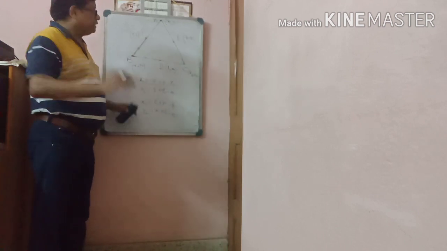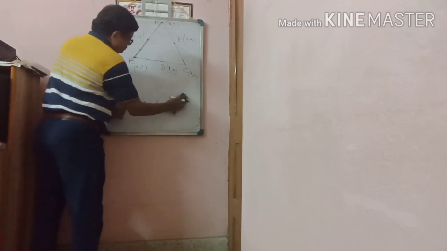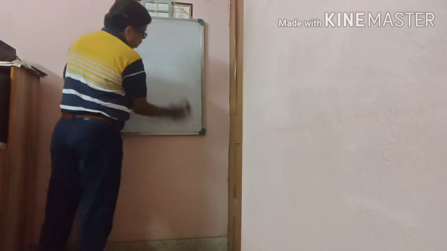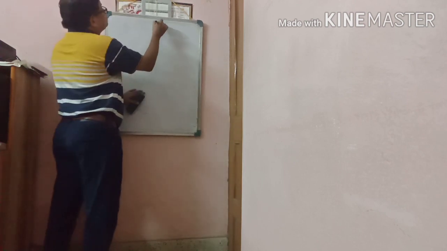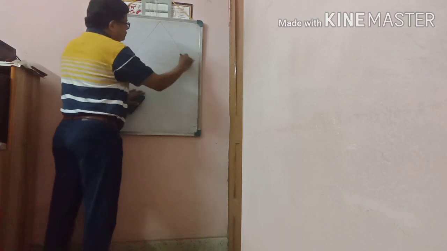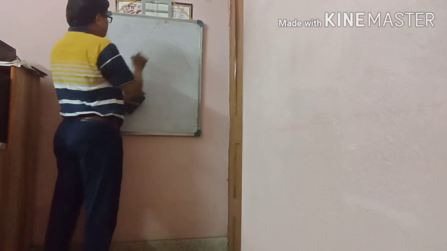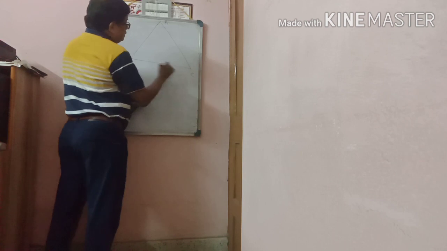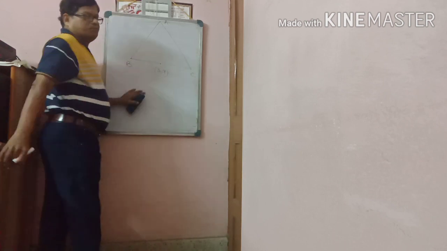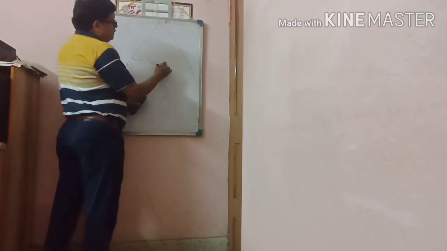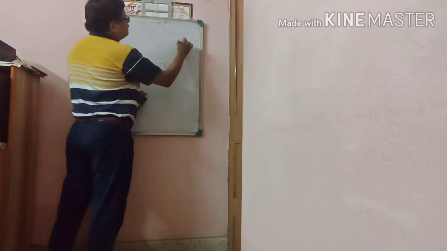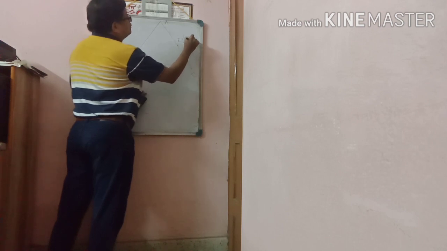I am giving one example. Look here. A, B, C. Suppose the midpoint D is (5, 7). This E is given as (4, 8).